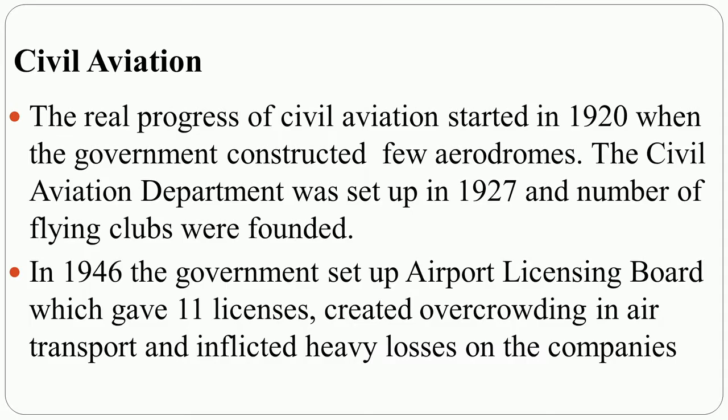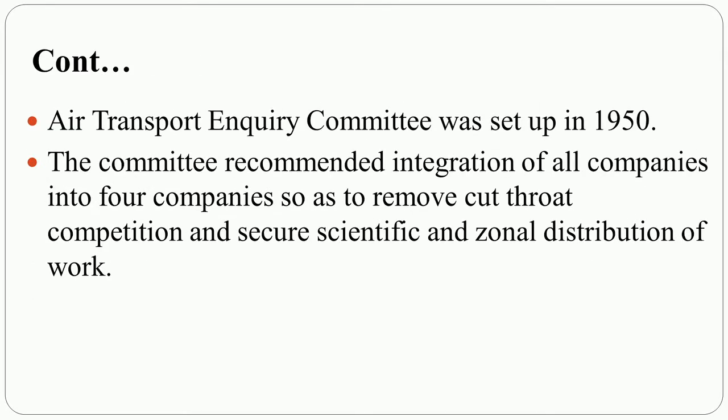By 1946, the government set up an airport licensing board, which gave 11 licenses, creating overcrowding in air transport and inflicting heavy losses on the companies. An Air Transport Inquiry Committee was also set up in 1950. The committee recommended the integration of all the companies into 4 companies, so as to remove cutthroat competition and secure scientific and rational distribution of work.